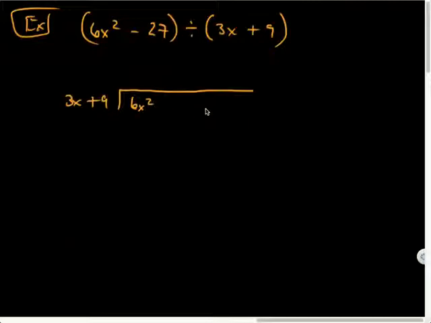I'm not going to write minus 27 right now because this is missing something. What would have been in between a 6x squared and a negative 27? If I'm thinking about standard form, I don't have an x to the first term here. I'm going to write plus 0x minus 27.